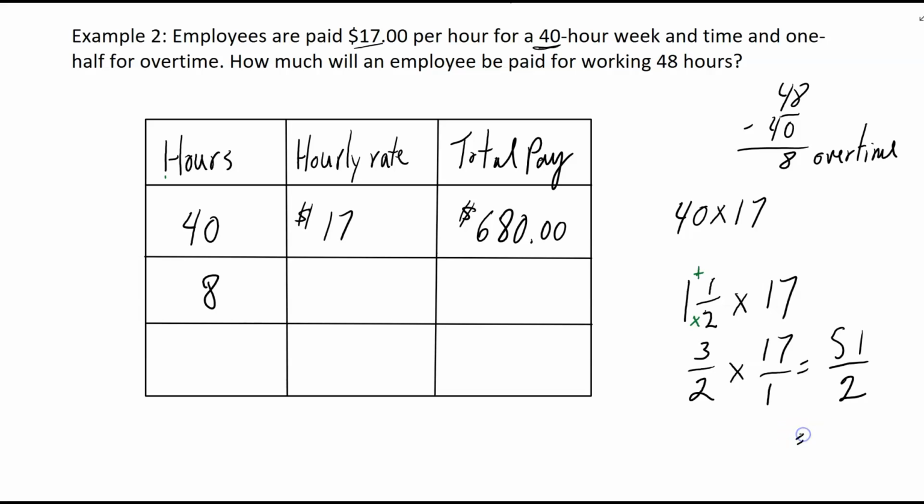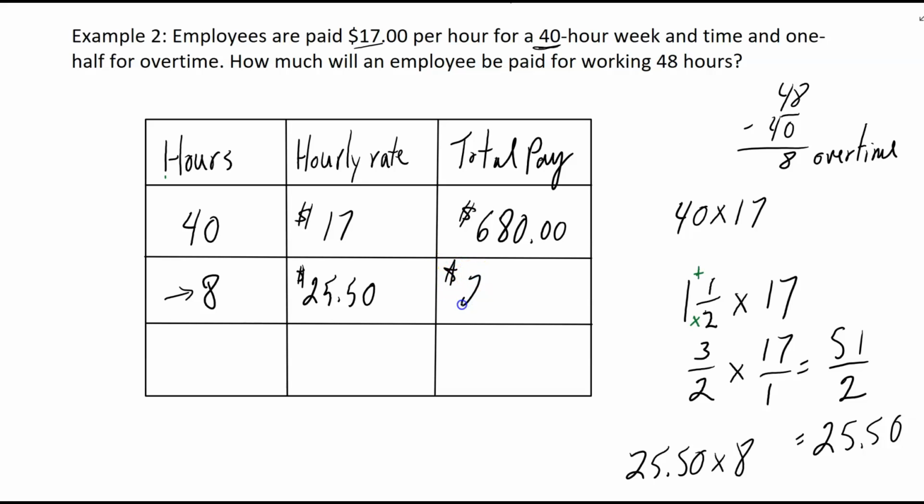And this will be, let's see, 25.50. So 25.50 is the rate of pay for each of the 8 hours of overtime. And when we multiply 25.50 by 8, it's $204.